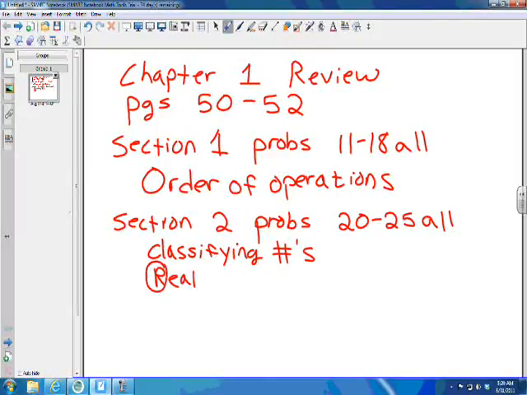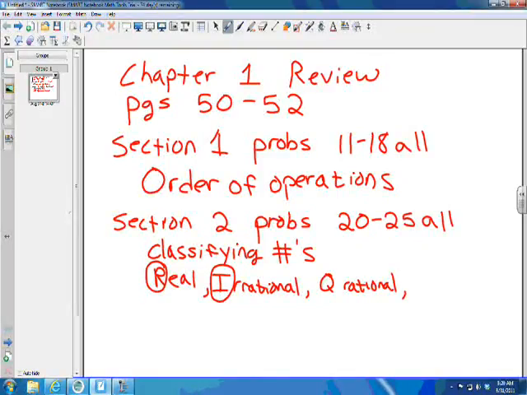Because R is real. I is for irrational, right? What was for rational? Q. And again, you'll always have R, and then you'll have one or the other of those every time.